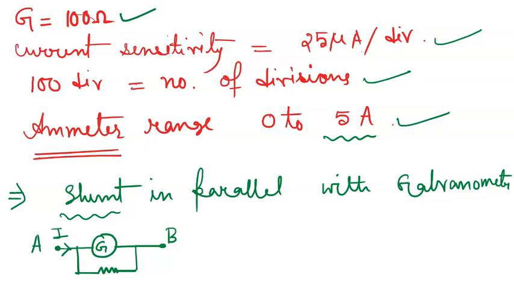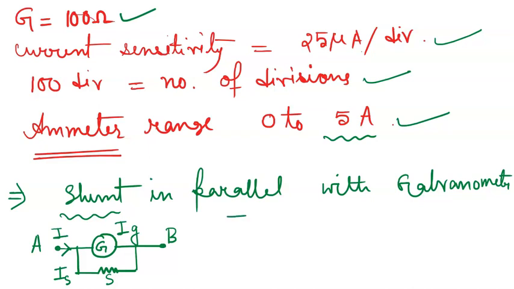One part will go to the galvanometer as Ig. So Ig is the current through the galvanometer, and suppose this is the shunt. The other part, that is Is, will enter the shunt.